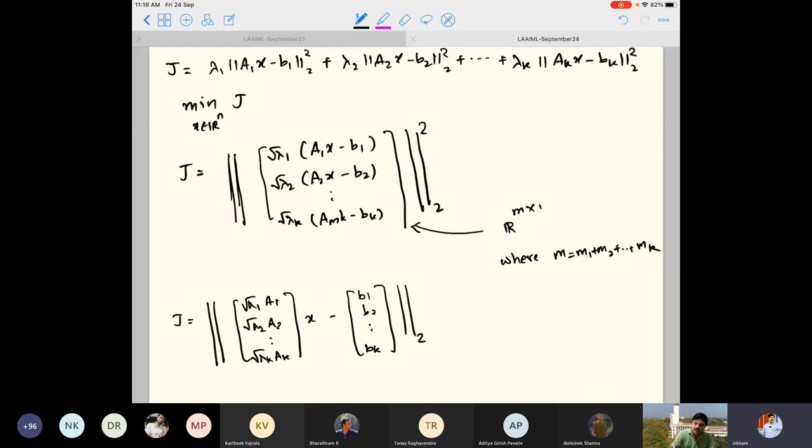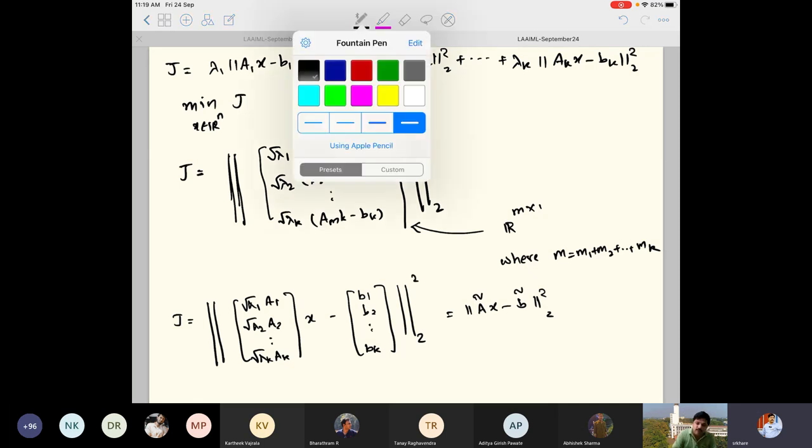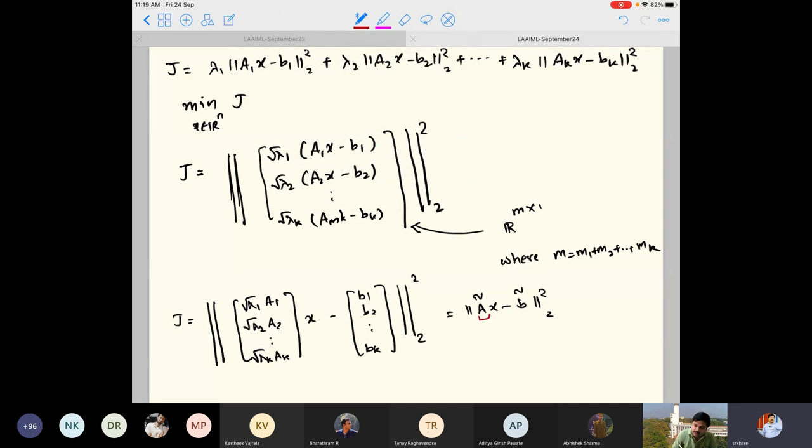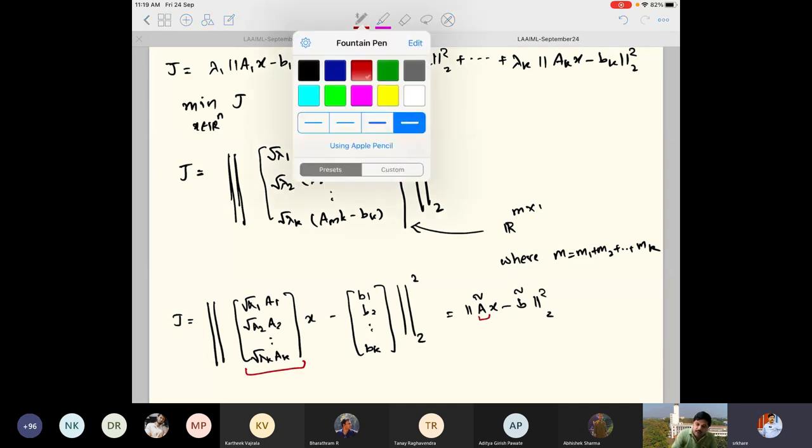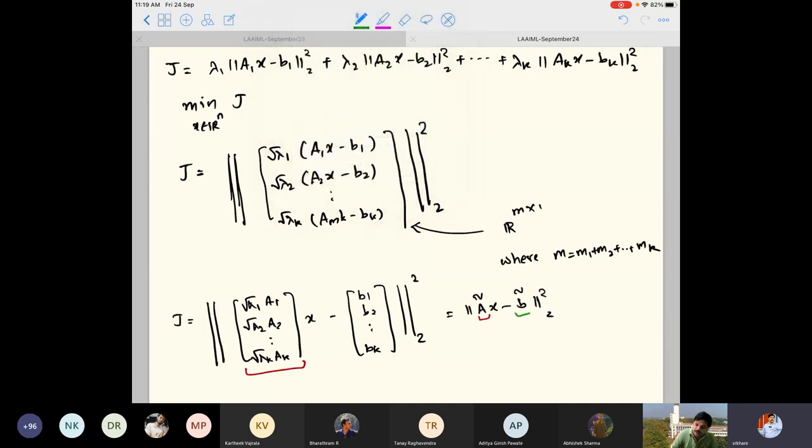And if I can write this down, this is basically equal to A tilde x minus b tilde. And what is this A tilde and B tilde? A tilde and B tilde are obviously these matrices, right? So A tilde matrix is basically this matrix. And the B tilde vector is basically this vector, right? You do the concatenated versions of this, and this is what you'll get as A tilde, B tilde. And I think this is what Aditya you were referring to.